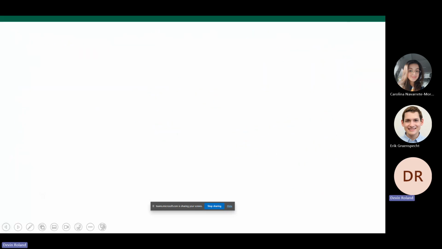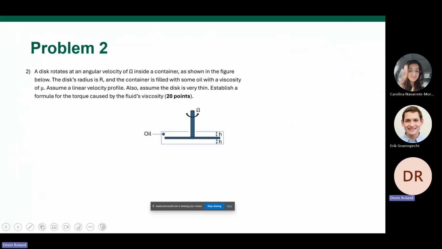It's a rotating disc in an oil, and if you remember the derivation of the shear stress, where you have a differential ring element on the surface of the disc, and then you do the whole integration with radius, and you find that torque value.